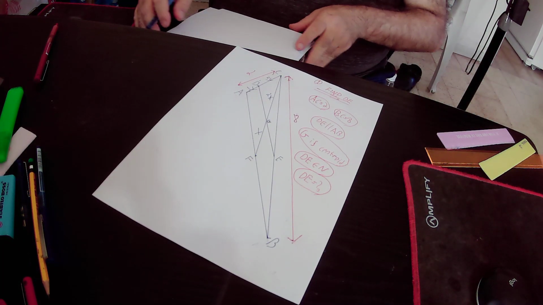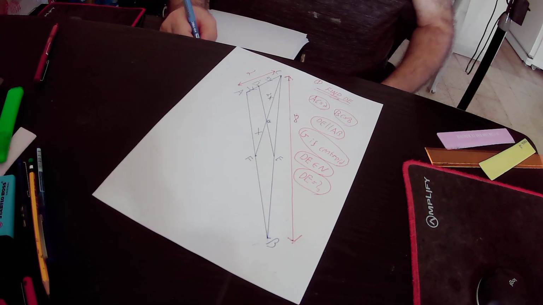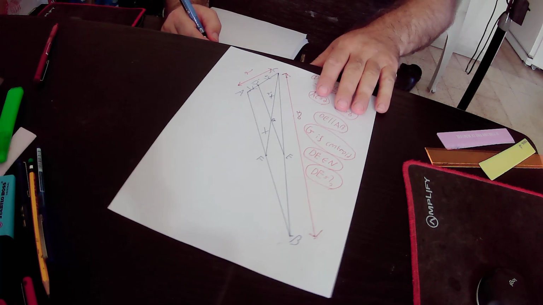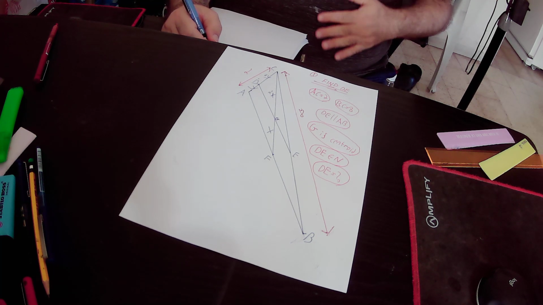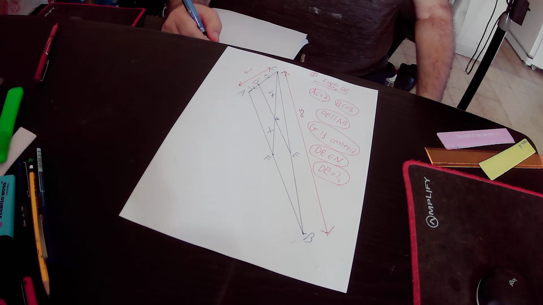And we have another rule. The rule states that corresponding angles between parallel lines are equal to each other. I write down the rule.